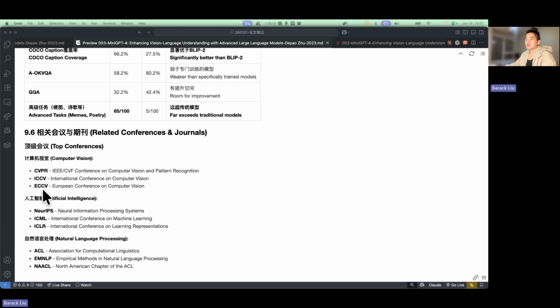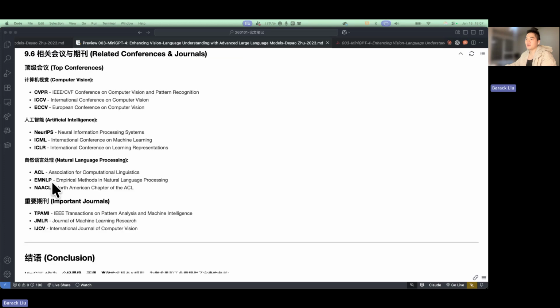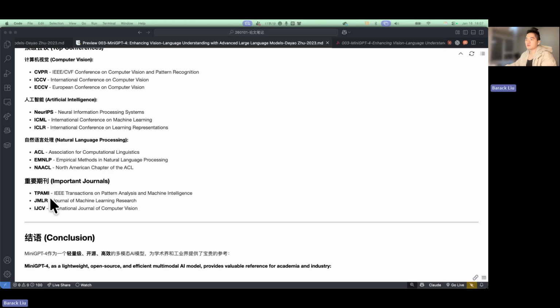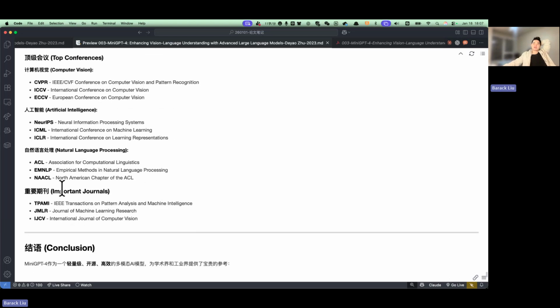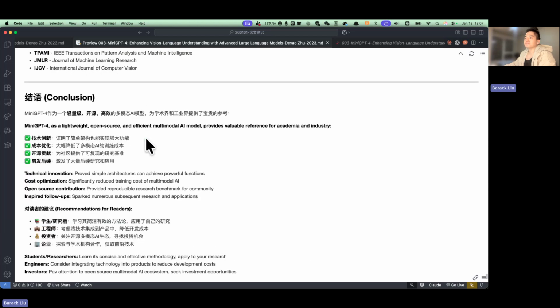CVPR, ICCV, ECCV, NeurIPS, ICML, ICLR, ACL, EMNLP, NAACL. Because this industry grows so fast, I don't think journals are a good place to check out, right? Conferences are at higher frequency. So conferences, I think, are more interesting, at least for this area.